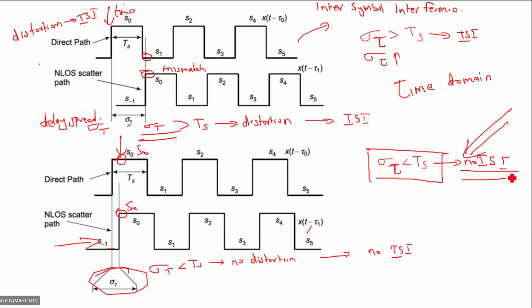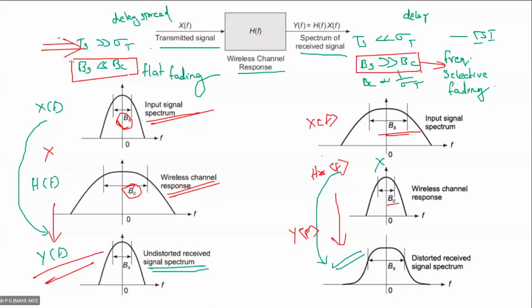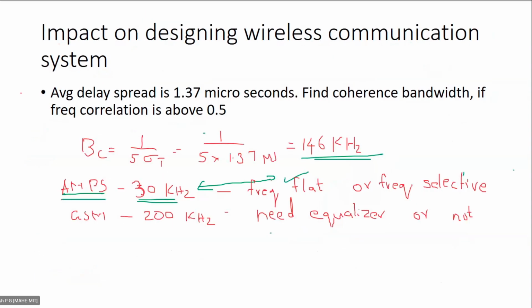That is, there is no ISI. So if Ts is high compared to sigma tau, then we have flat fading, that is, there is no distortion. But if Ts is less compared to sigma tau, then there is distortion. That means the channel is frequency selective. So for a flat fading channel there is no distortion, but there is distortion in a frequency selective channel.